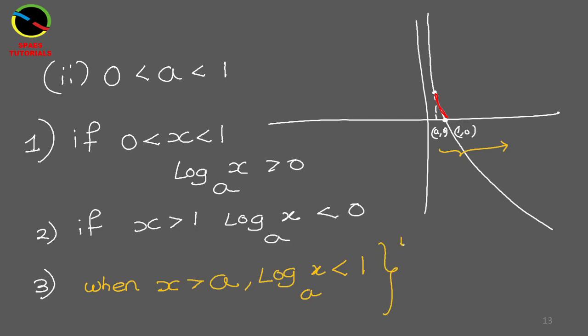This is the third inequality. Fourth inequality, when x is less than a, we can say that log x base a is greater than 1. So friends, these are the total 8 inequalities based upon the logarithms.